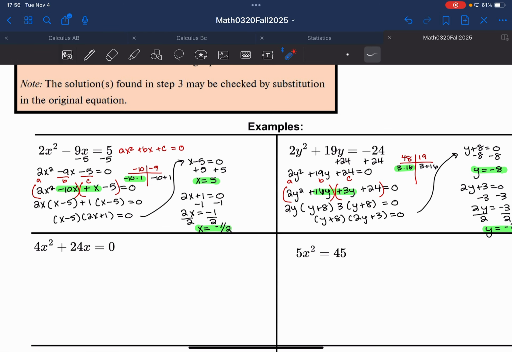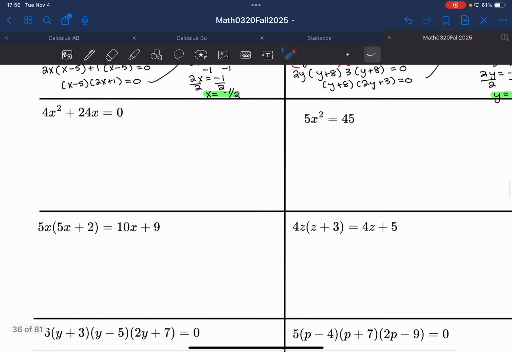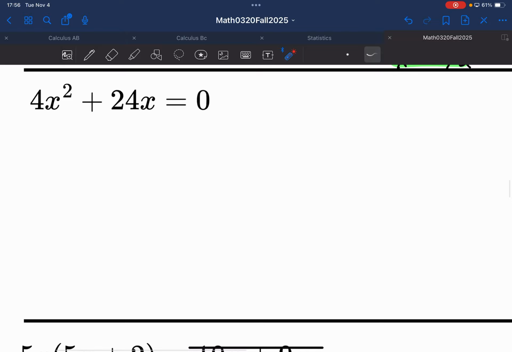Okay, so then we get down to something that looks a little different. And now if we look at this, does it look like the standard form? No, it's only 2 terms, which means it's missing what value? C. Okay.